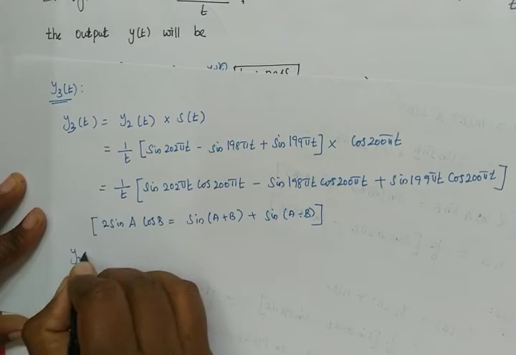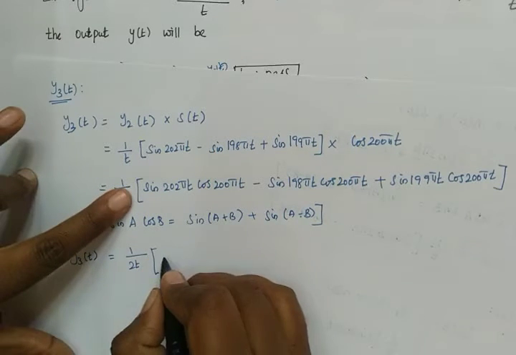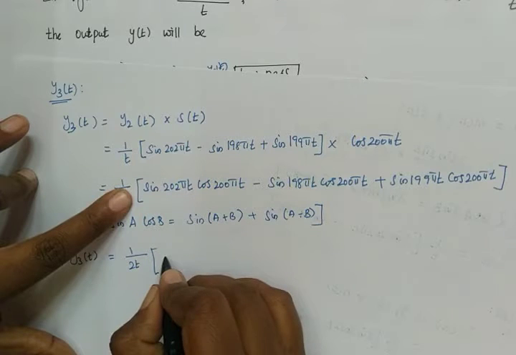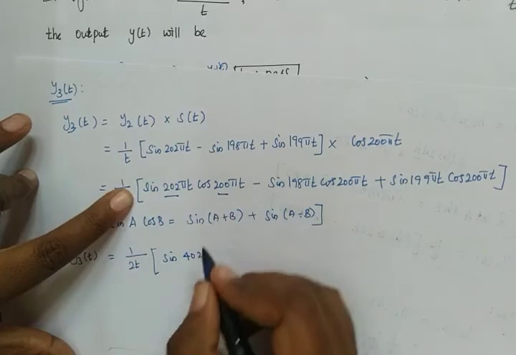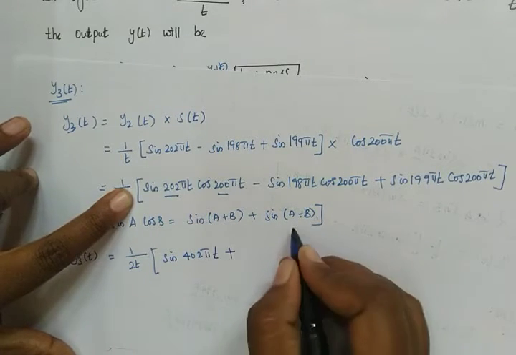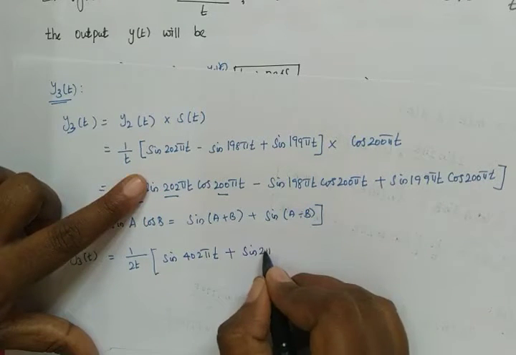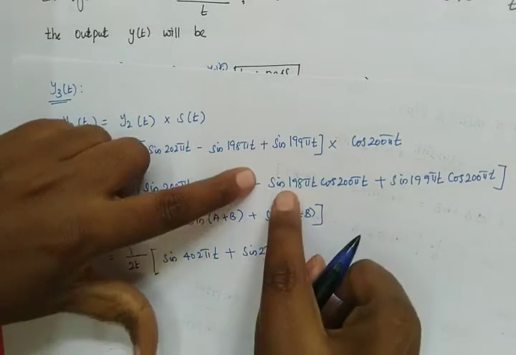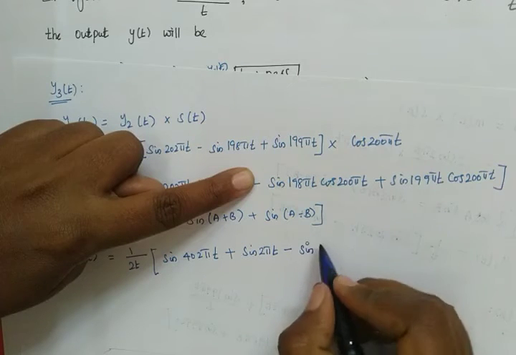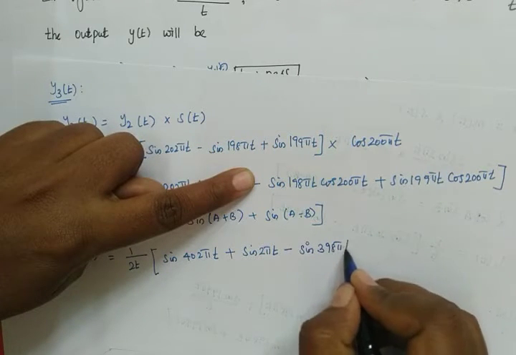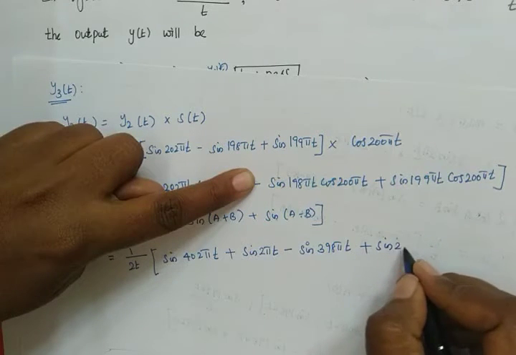Therefore y3 of t will be equal to 1 divided by 2t, taking the 2 common, into sine A plus B, so 202 plus 200 is 402 pi t, plus sine A minus B, 202 minus 200 is 2 pi t. Here we have minus, and again sine cos, so sine 200 plus 198 is 398 pi t plus sine 200 minus 198 which is 2 pi t.